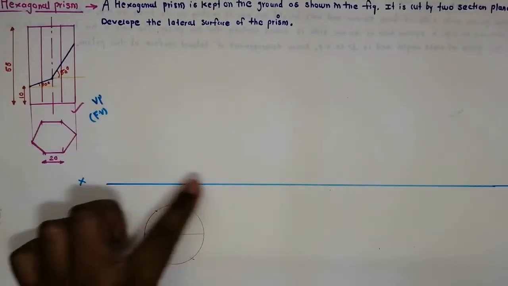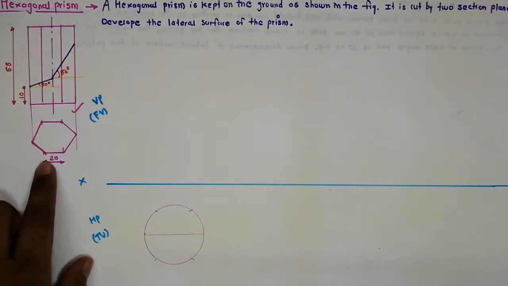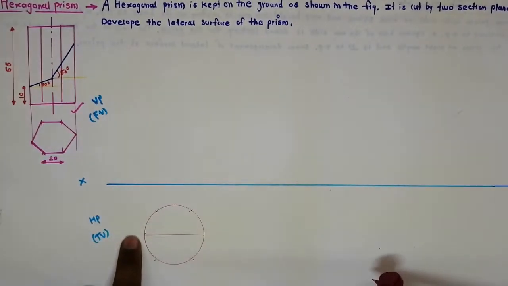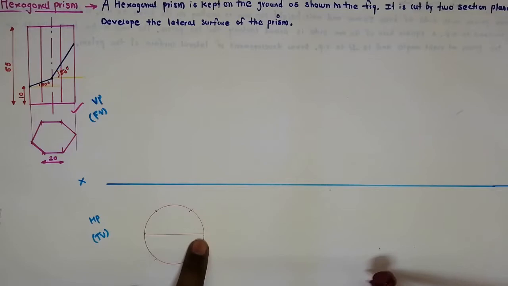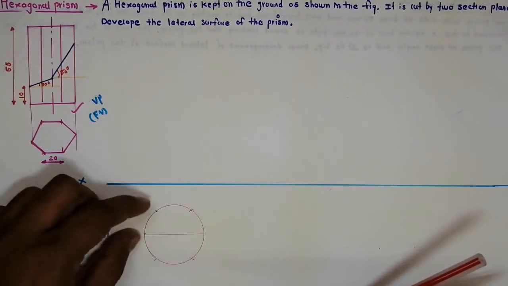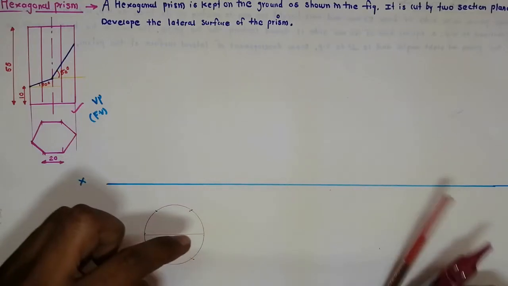So what we have done: first we took the side of the hexagon as a radius and constructed the circle. We drew the horizontal diameter because I want it on the corner. Then from these two diametrical ends, we marked the 20 mm distance on both sides.